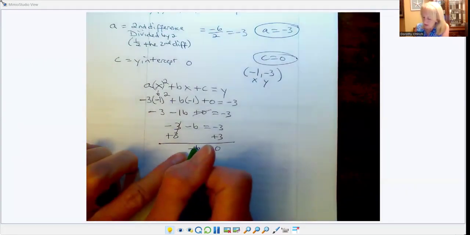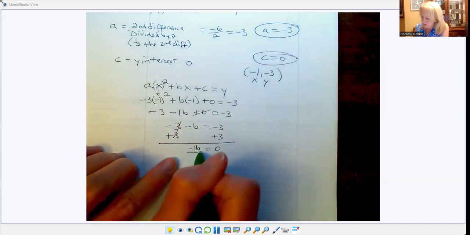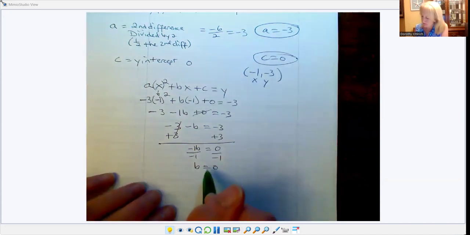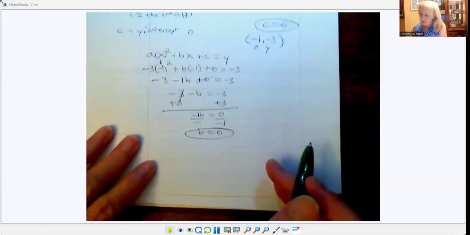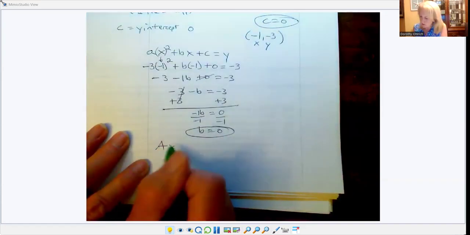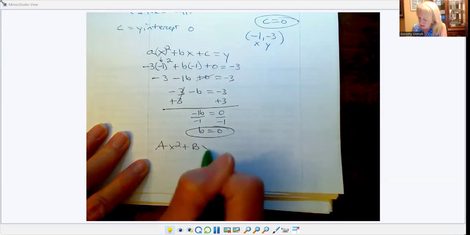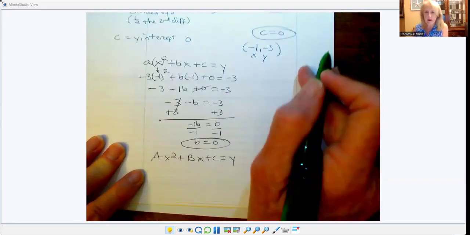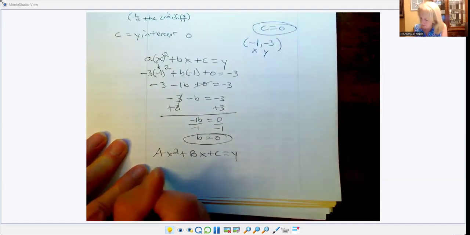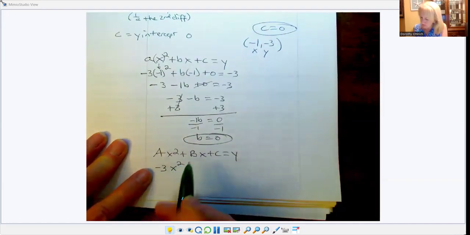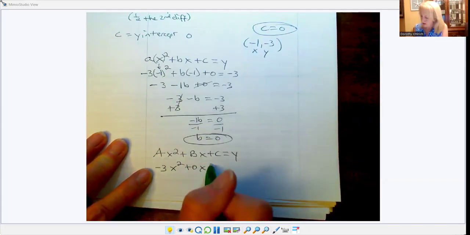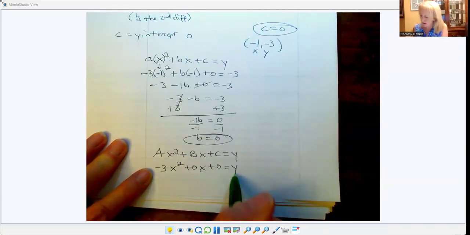If you have a negative, that's like a -1 in front. Divide by -1 and b equals 0. So if we write ax squared plus bx plus c equals y, remember our a is -3 x squared, b is 0, plus 0x plus 0 equals y.